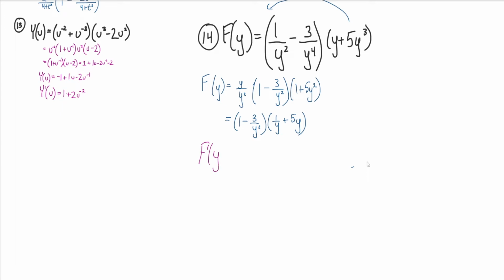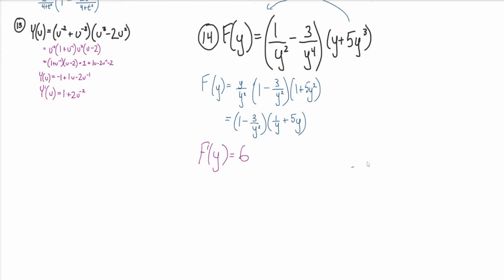So, let's take the derivative of the product. The derivative of a product is the derivative of the first, so minus 3 times minus 2 will become positive 6. That's a 3, even though my mind was saying 6.